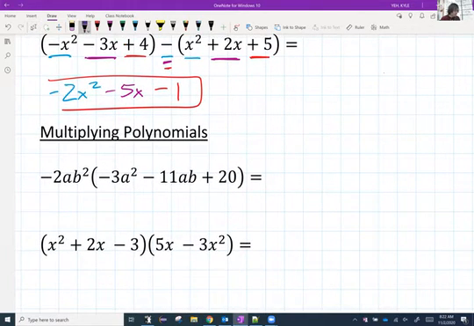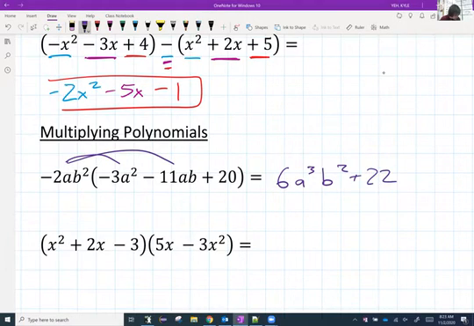The first one: negative 2ab squared times negative 3a squared minus 11ab plus 20. I'm just going to distribute and use my exponent rules. So negative 2 times negative 3 is positive 6. A times a squared is a cubed. We add those exponents, remember, just like in 6.1. B squared, and then there are no more b's to multiply by, so it's just b squared.